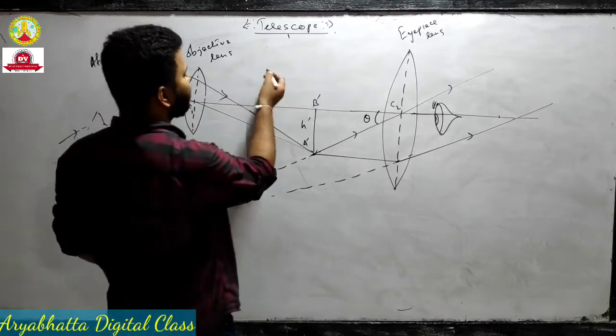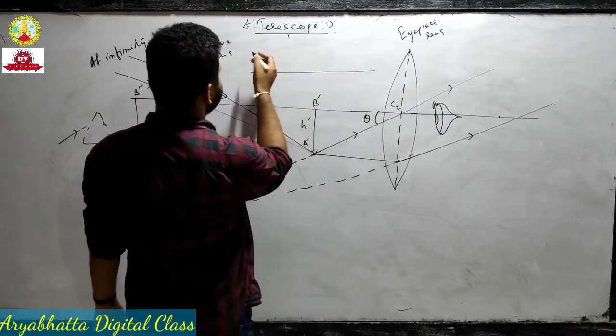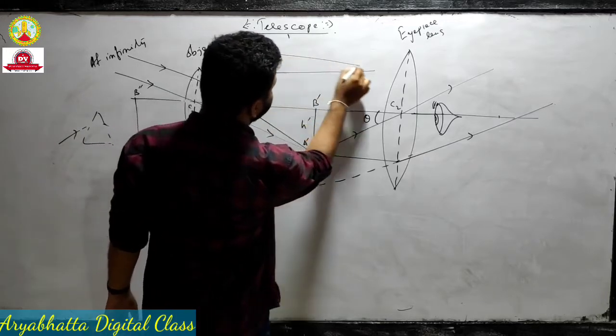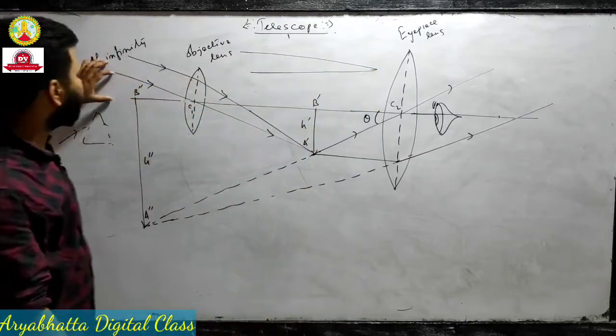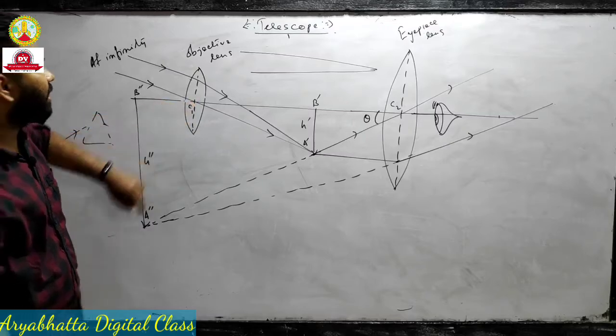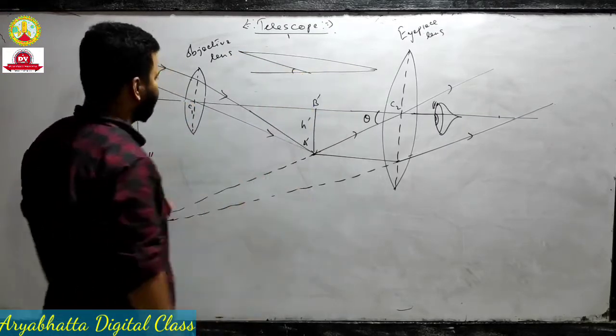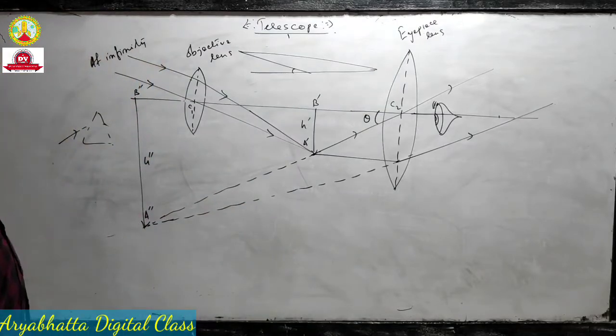You just try to understand with the help of this diagram. Suppose a line that is at infinity, so it is making some angle at this position, which came from infinity, here it is making this angle, okay. So this angle from infinity, and this angle, means from infinity these light rays are coming, right?